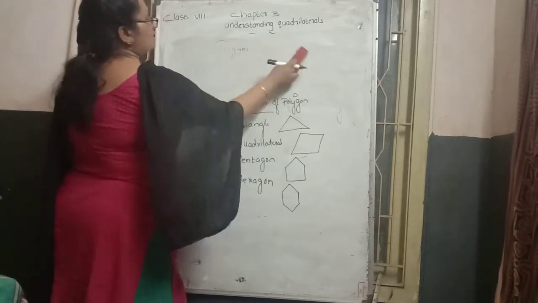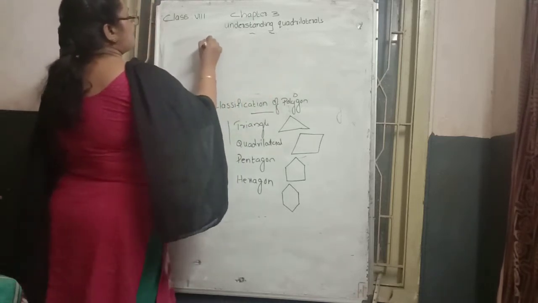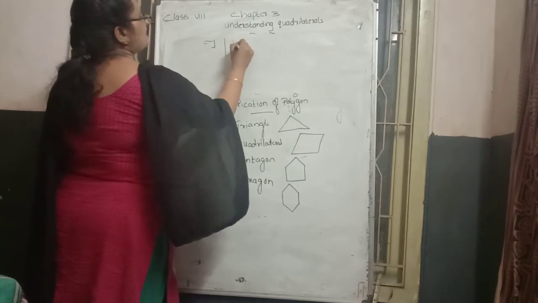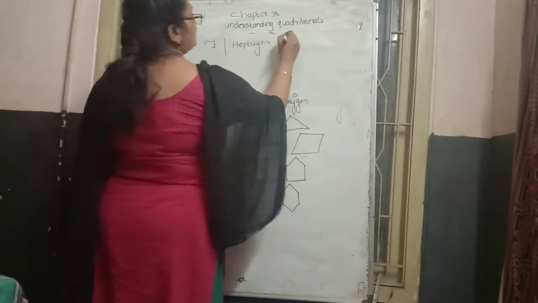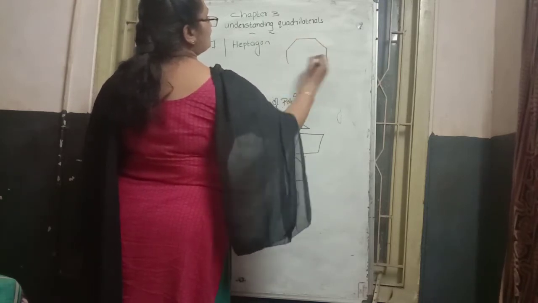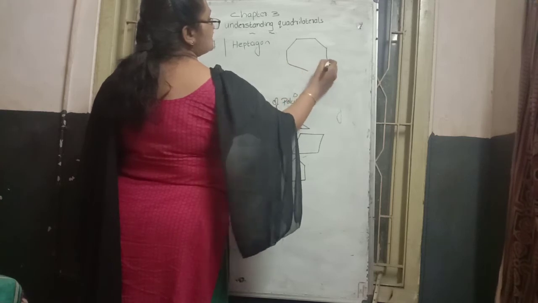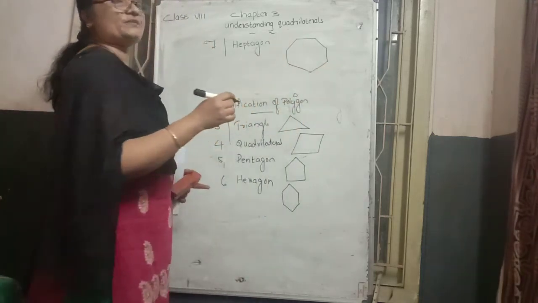A seven-sided figure we call a heptagon or septagon. It has 1, 2, 3, 4, 5, 6, 7 sides, and they are also joined by straight lines.